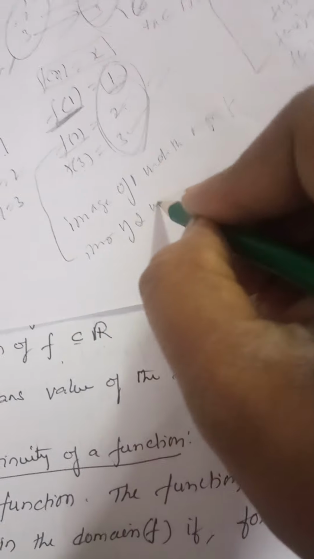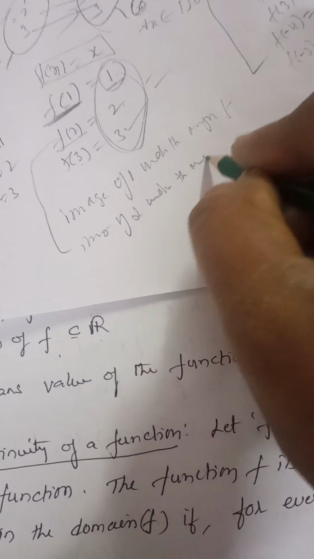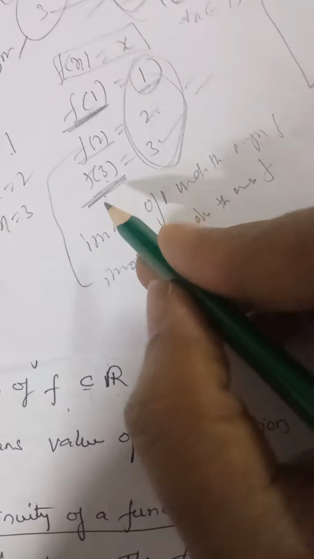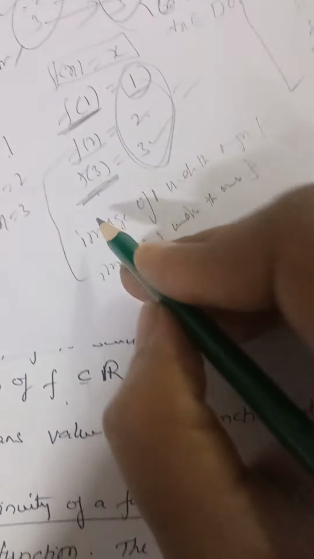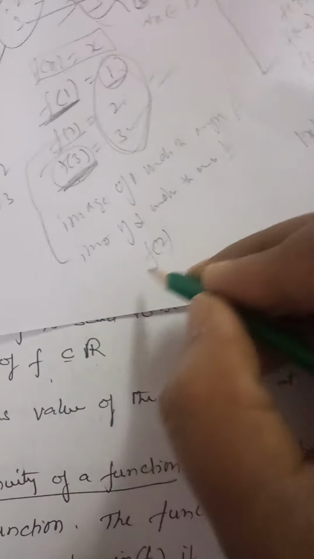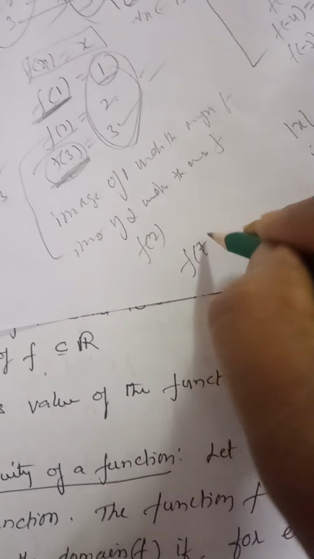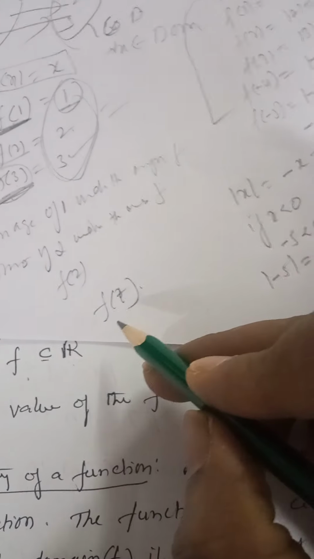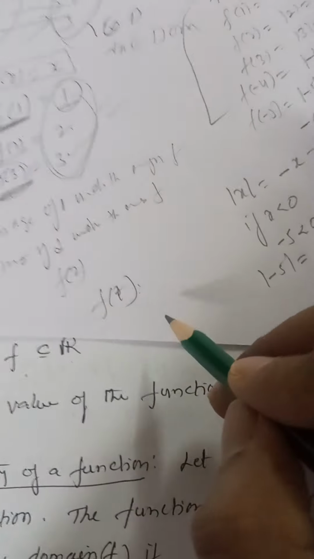Image of 2 under the mapping f. It is denoted by f of 2. What is f of 3 here? This is nothing but image of 3 under the mapping f. Similarly, tell me what about f of t? This is nothing but image of t under the mapping f.